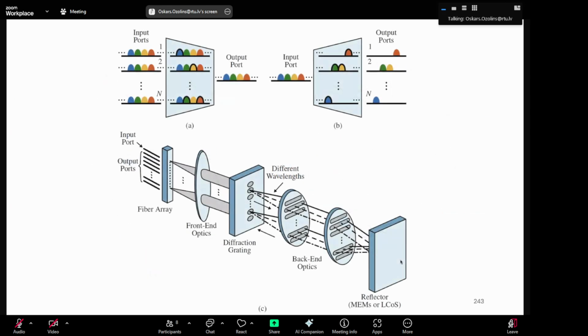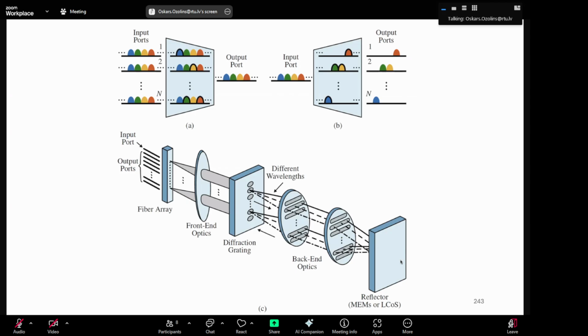And then here's also some visualization of how these different wavelengths could be switched. Here are different switches, how you could switch different space channels.